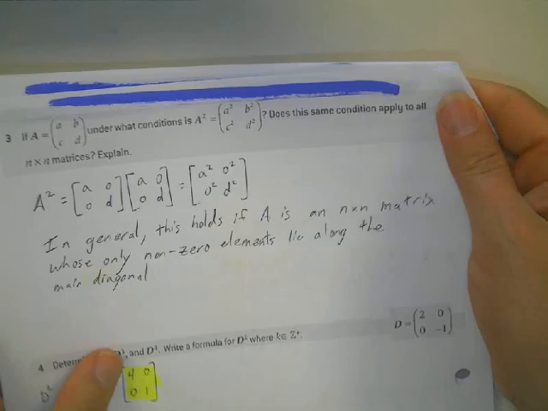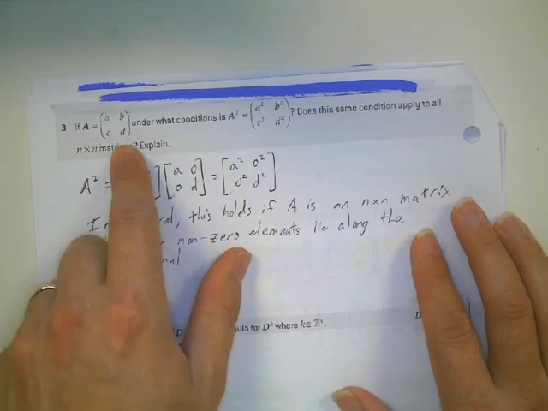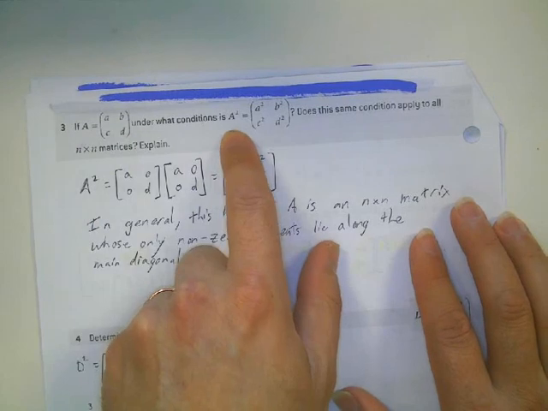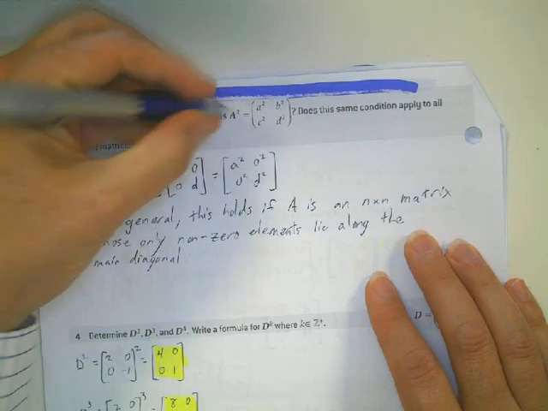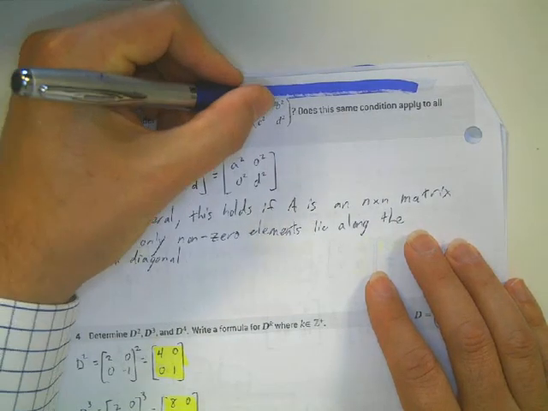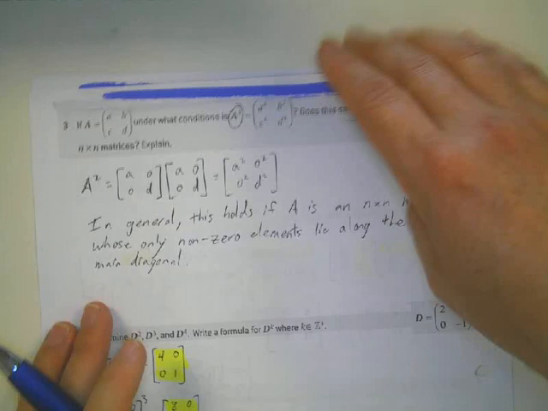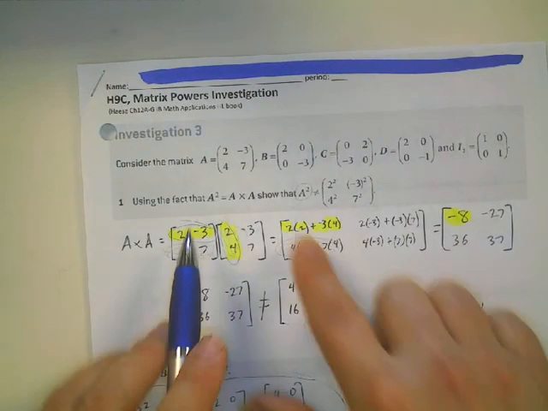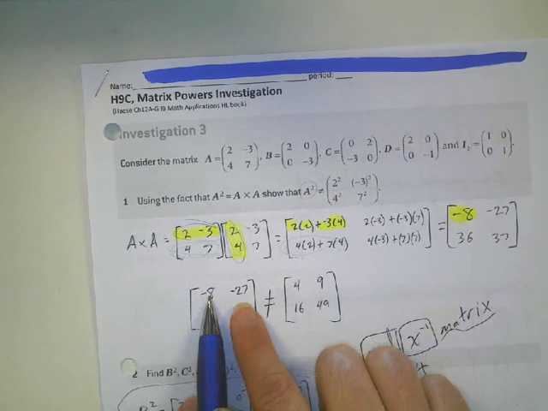Okay, so if matrix A is A, B, C, D, under these conditions, when is A squared going to be A squared plus B squared plus C squared plus D squared? When is that going to happen? Now we know that didn't happen when I had 2, negative 3, 4, and 7, just random numbers.